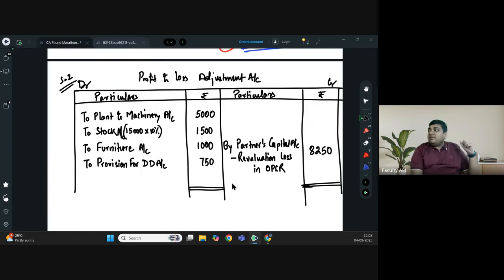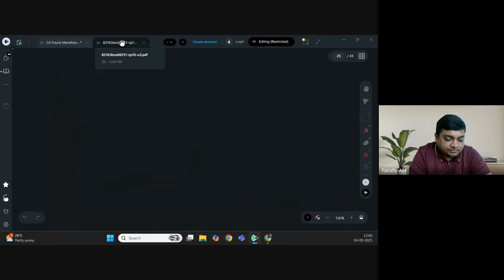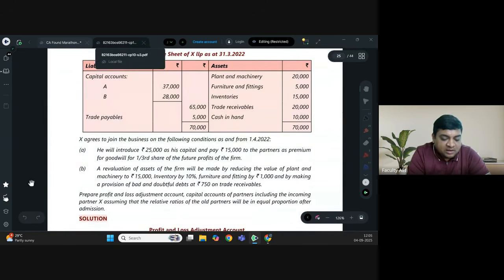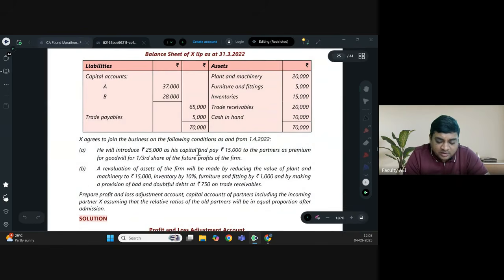In partners' capital, it will be the revaluation. Then capital 25 plus 15, he is getting 40. Out of that, 15,000 is the goodwill compensation.